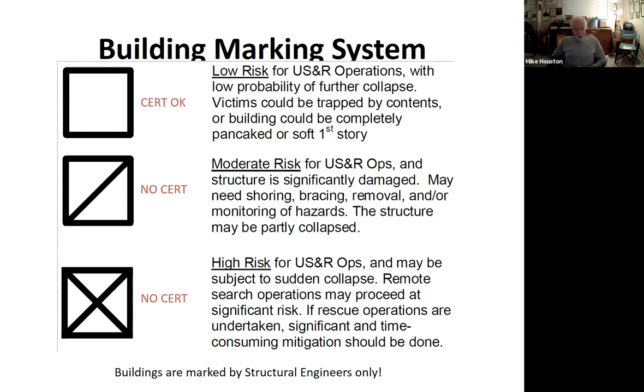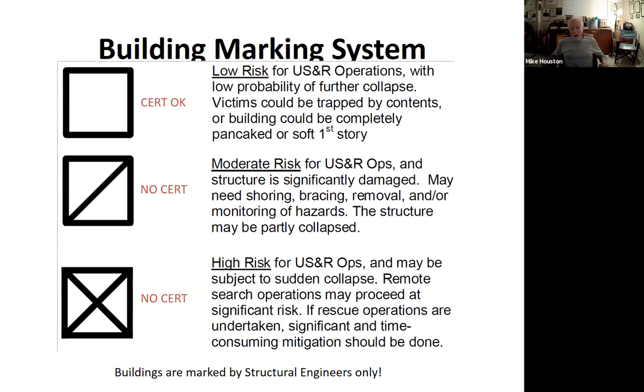There's a low risk. But if a structural engineer marks the other two, a square or rectangle with a slash in it, or a rectangle with an X in it, then we are not to go inside that structure.